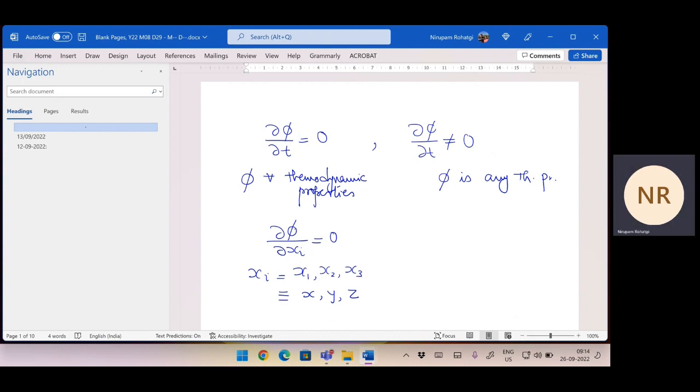And similarly, you will have non-uniform system where del phi by del xi is not equal to 0. Okay, so these are the two categories. We have steady and unsteady flow. We have uniform and non-uniform flow. Right?